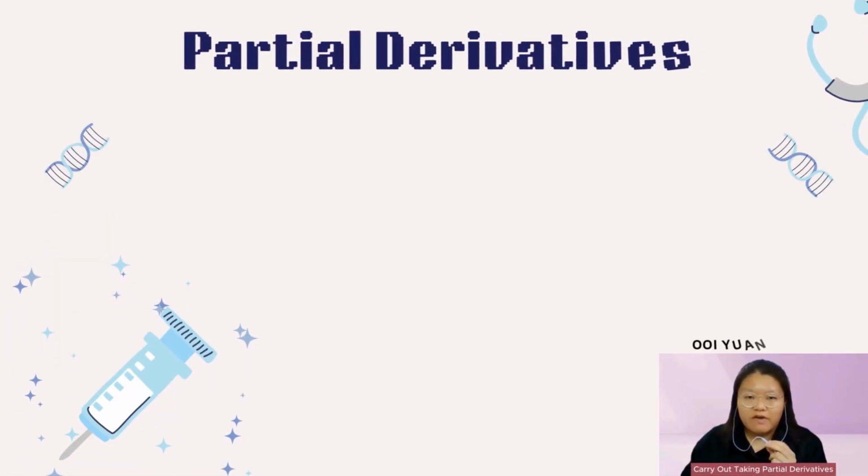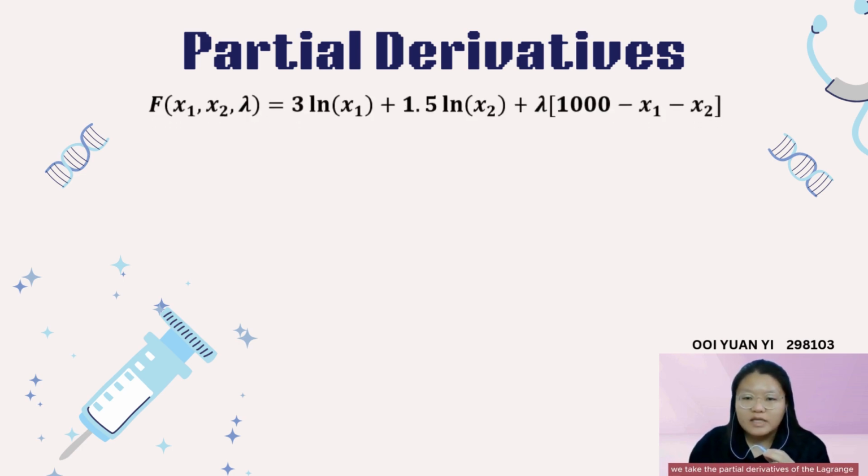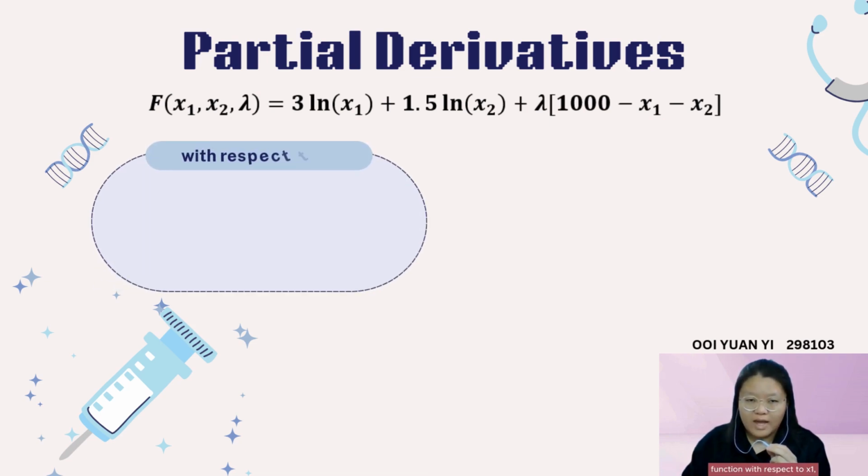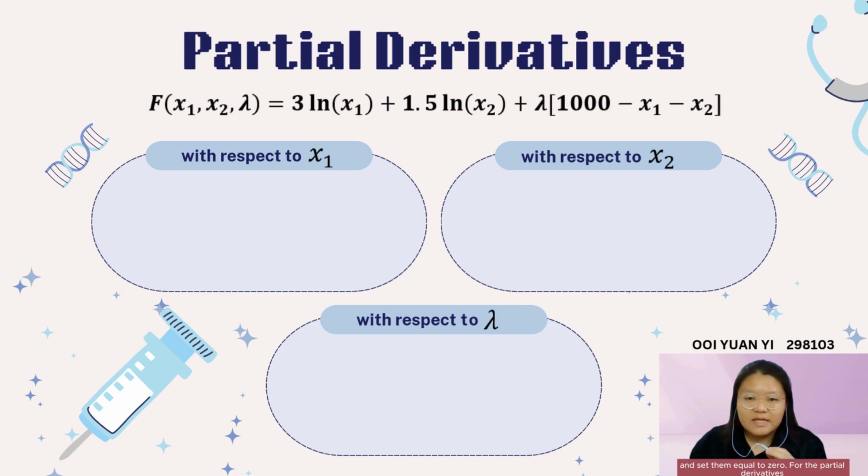Carry out partial derivatives. To find the optimal allocation of resources, we take the partial derivatives of the Lagrange function with respect to x1, x2, and lambda and set them equal to 0. For the partial derivatives with respect to x1 and x2, we solve until getting lambda on the left hand side and let the rest of the equation go to the right hand side.